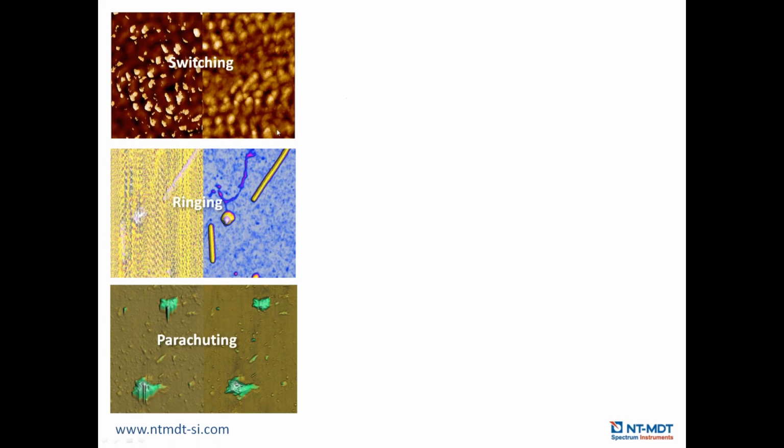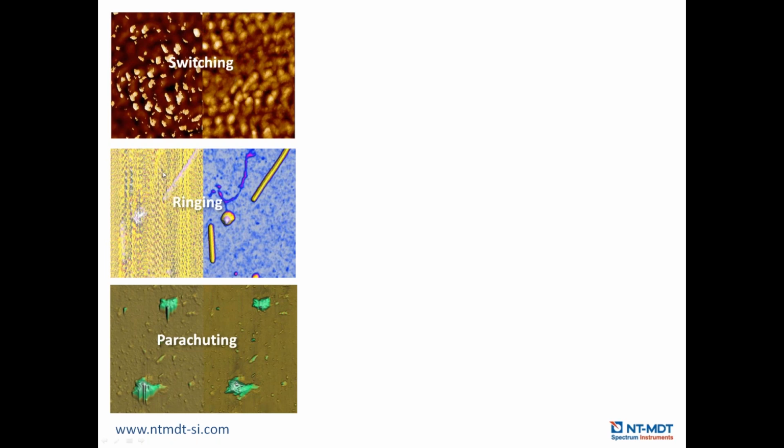On this slide, you can see the three most common distortions or artifacts of tapping mode images. The first one is so-called switching. From the left side, you see the switching. These white dots, white areas are caused by the switching effect. And from the right side, you can see what should have appeared in the right case.